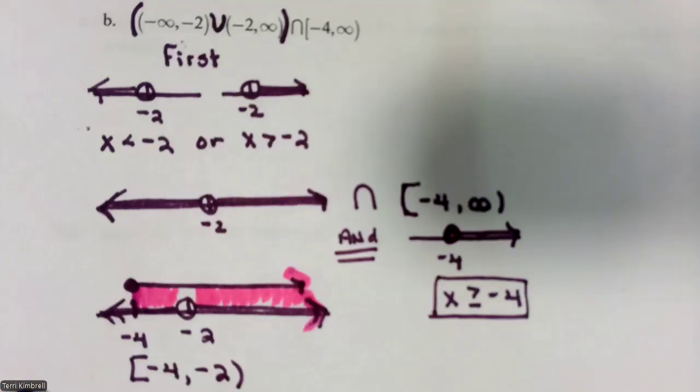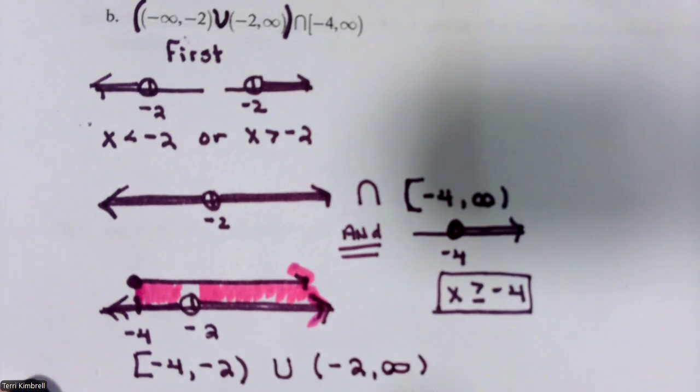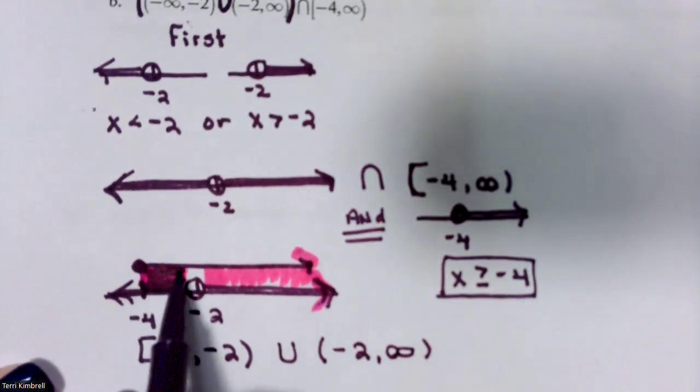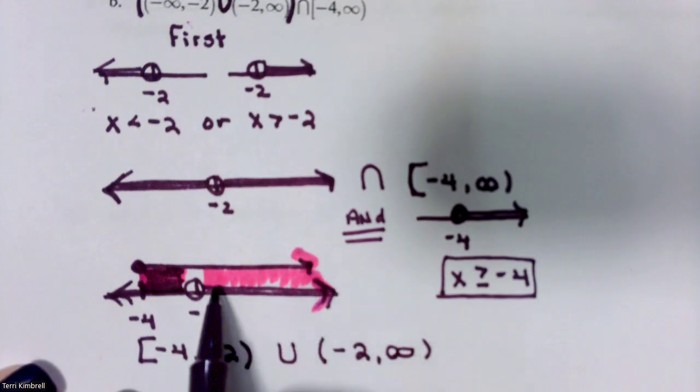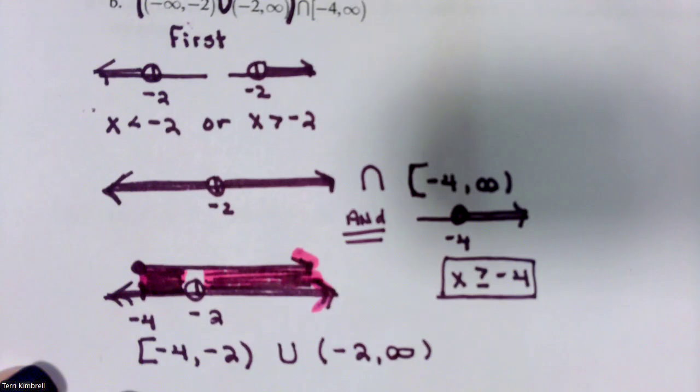And the other part that they have in common is from -2 to positive infinity. So they would have this portion, but not -2, or this portion. So those would be the portions that you would have in common.